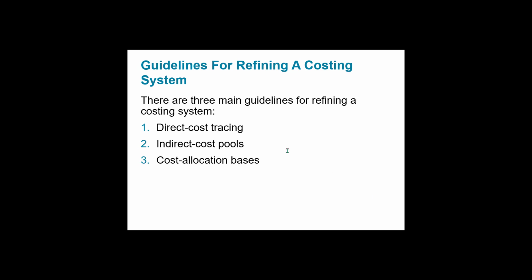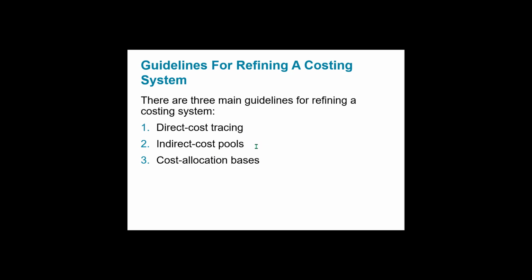So there are 3 main guidelines for refining a cost system. The first thing you want to do is identify as many direct costs as possible. If you can economically trace it and it's a nice direct cost, you want to identify that one. You want to expand the number of indirect cost pools until each pool is more homogeneous.